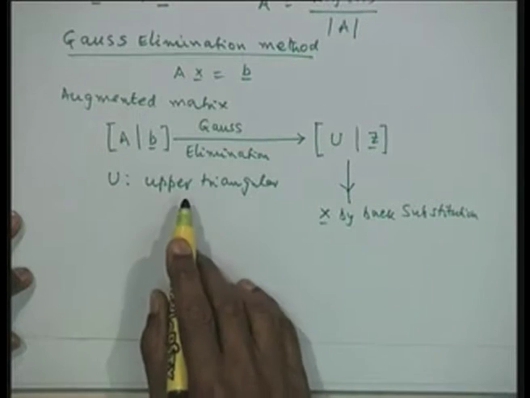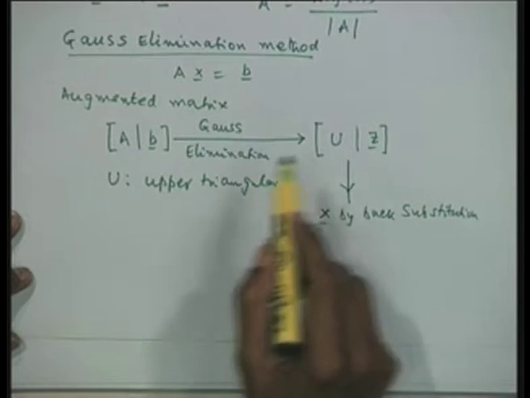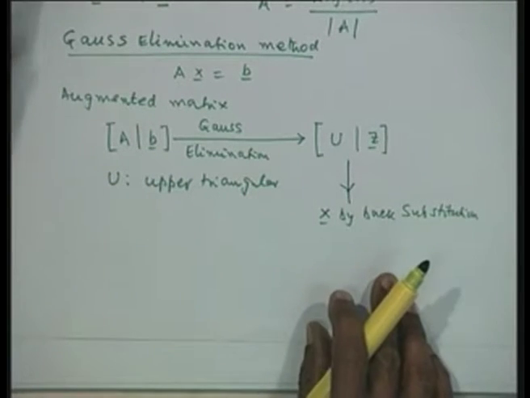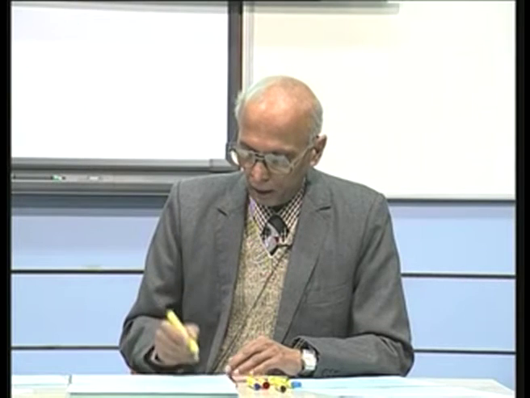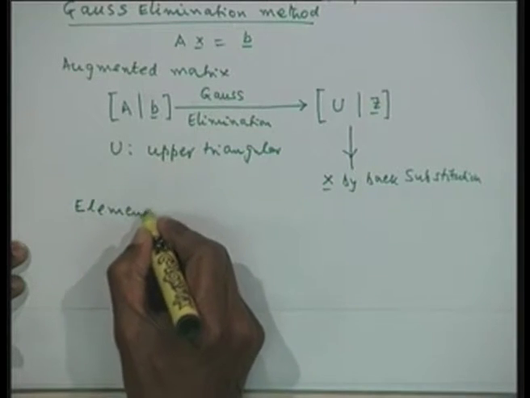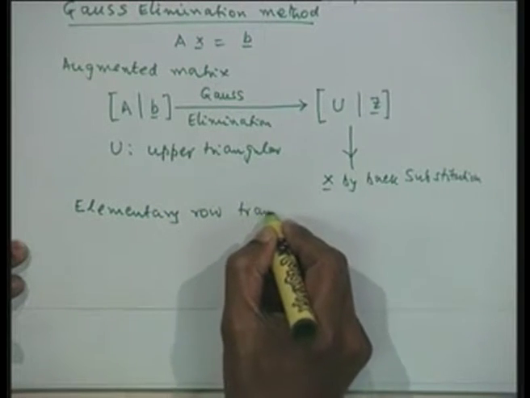Therefore, the procedure would be how to get this particular augmented matrix from the original system A B. We shall obtain it by using simply the elementary row transformations. So, the elimination procedure uses elementary row transformations.